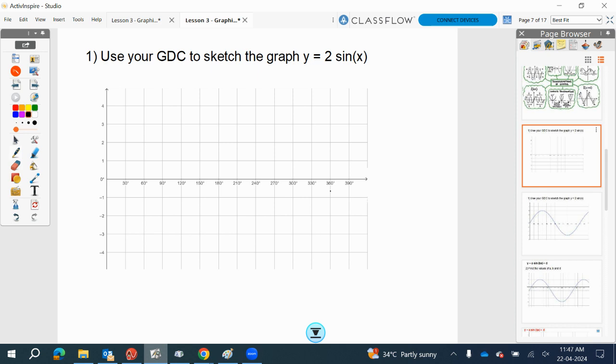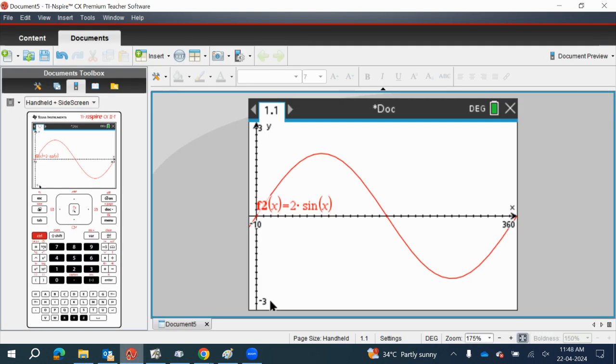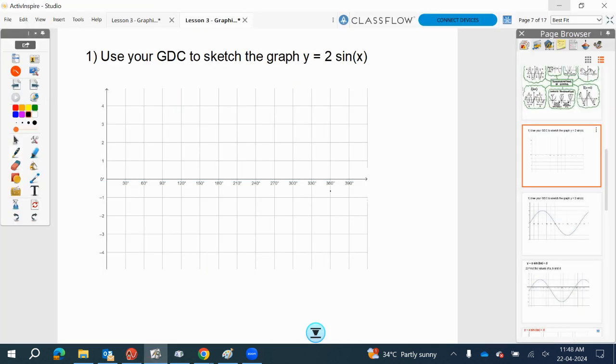Okay, on the question here, you see the axes are in degrees, so we're going to be sketching this one in degrees. We get our graphing calculator and type it in, and it's going to look like this. We need to transfer that onto the paper. Start by marking where it crosses the x-axis. Then mark the maximum and minimum.